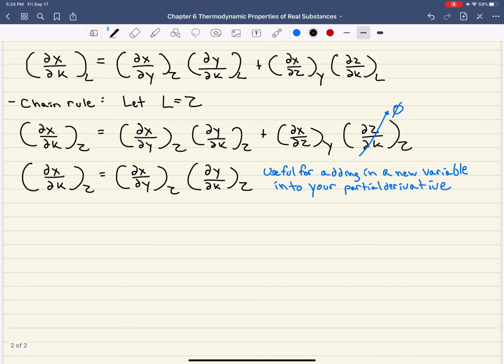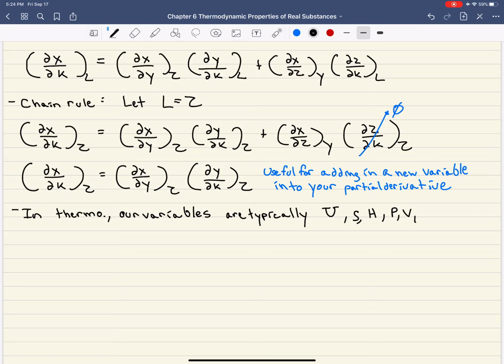But in thermodynamics, and especially the chemical engineering version of thermodynamics, our variables are typically internal energy, entropy, enthalpy, pressure, volume, and temperature, right? So instead of x, y, z, we would use some of those, okay? And in this chapter, we're actually going to introduce a couple more variables.